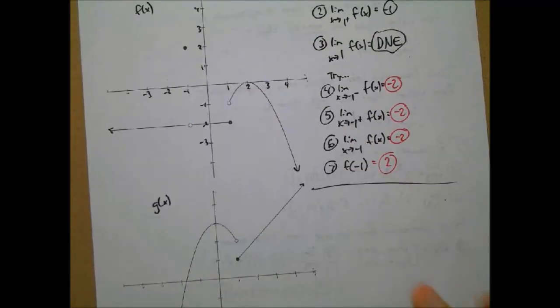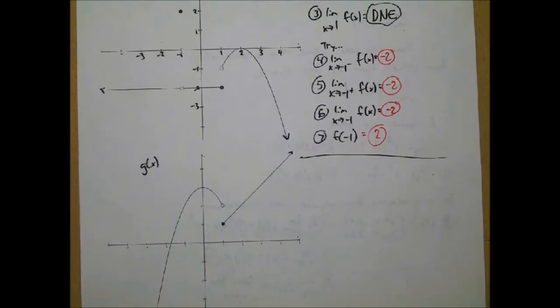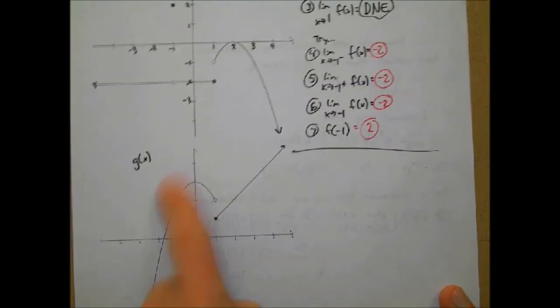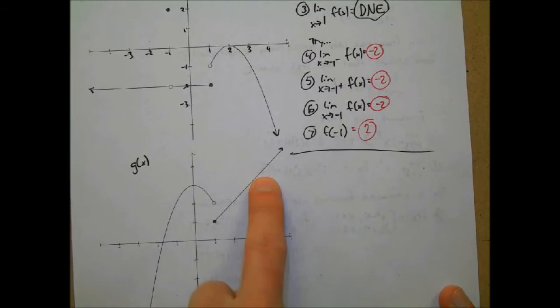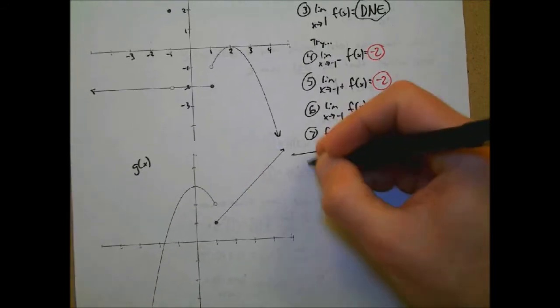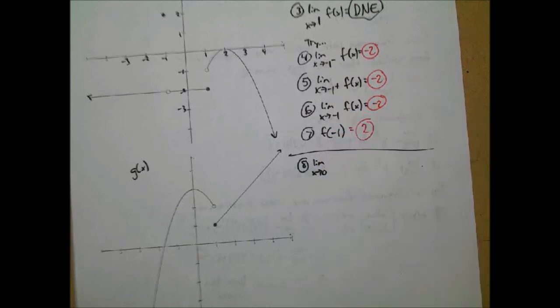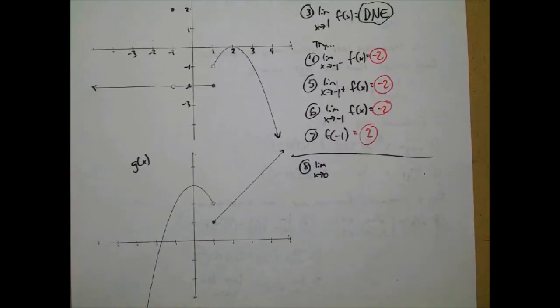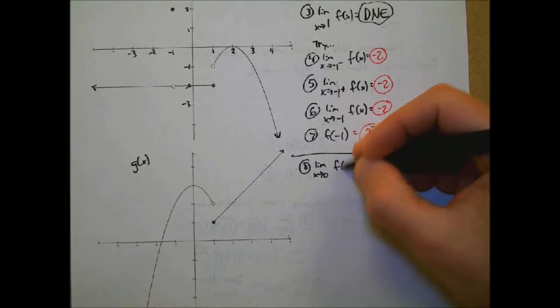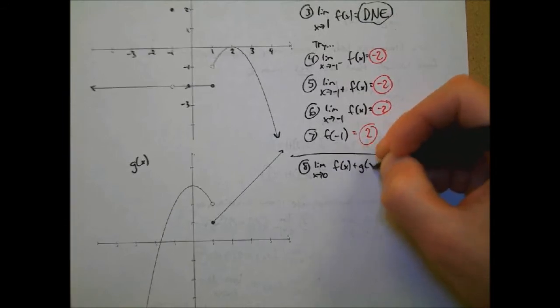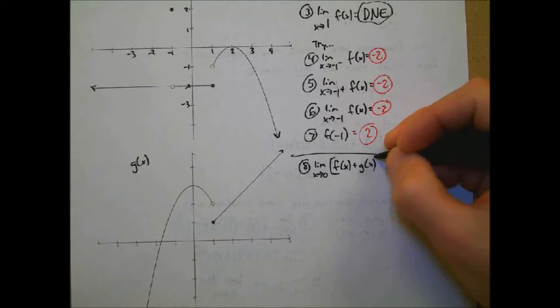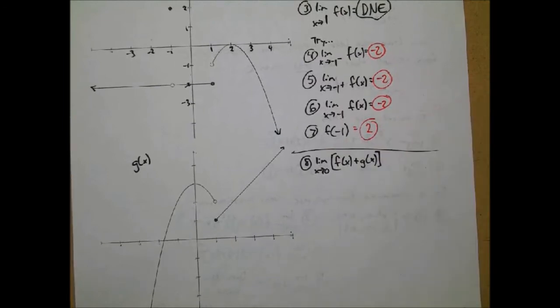We're going to use g of x to help us with those. So g of x is this piecewise, linear graph. We're going to do the limit as x approaches 0 of f of x plus g of x.